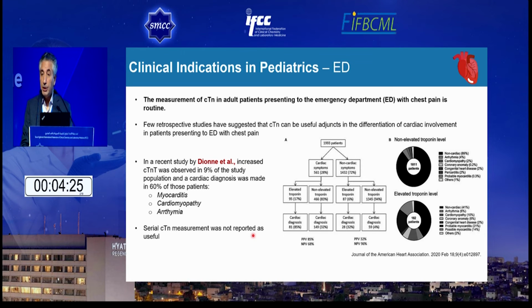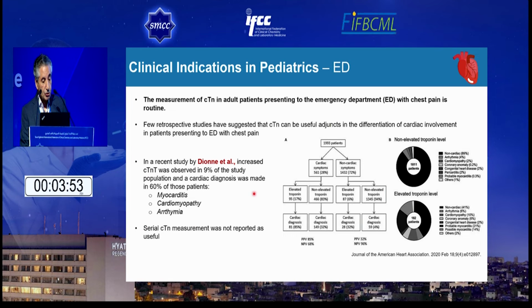In the emergency department, we actually have cases of heart attacks in children, especially those with, for example, the homozygous form of familial hypercholesterolemia. In addition to myocarditis, you can also have children presenting with chest pain.